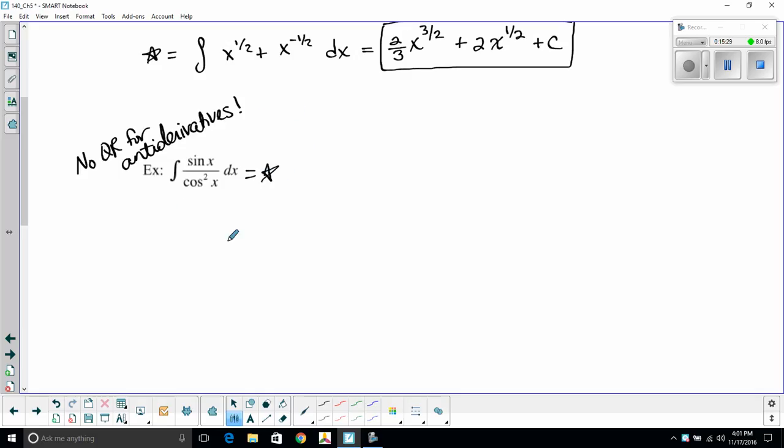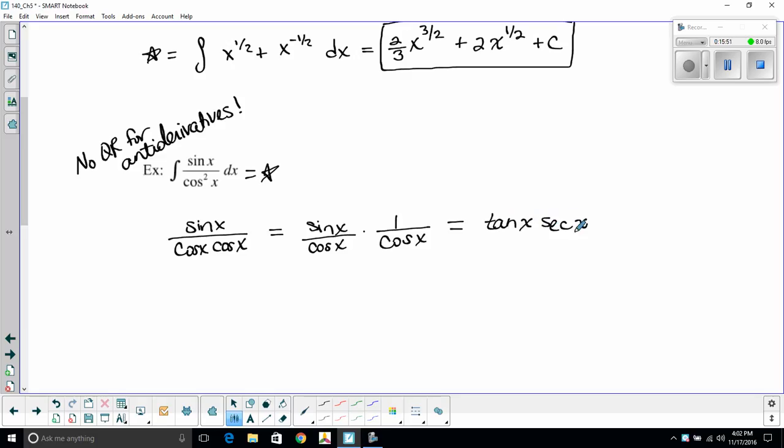All right. So let's see. So sine over cosine squared. Well, that's sine over cosine times 1 over cosine. Sine over cosine is tangent, and that's secant. Oh, and we know a derivative for that, right?